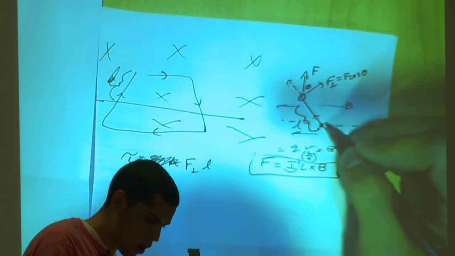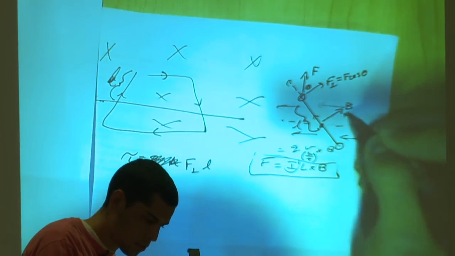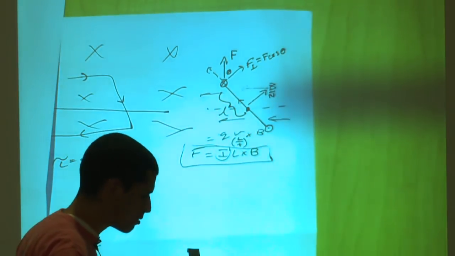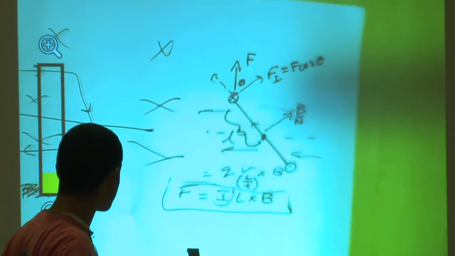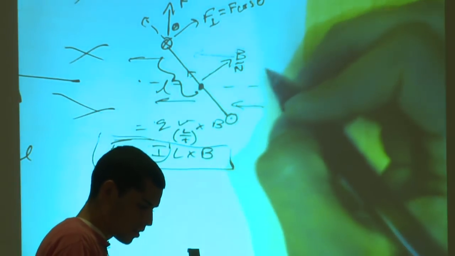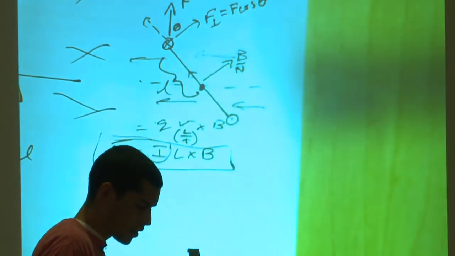So if we see our normal vector to the plane as such, so here's our normal vector n hat. Okay, and let me just zoom in a little bit for you guys, because there's a lot going on here. So here's the normal vector. Okay, we have our magnetic field going here, and then our theta going there.